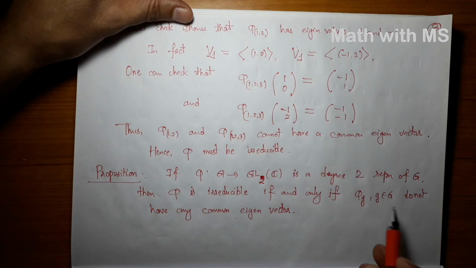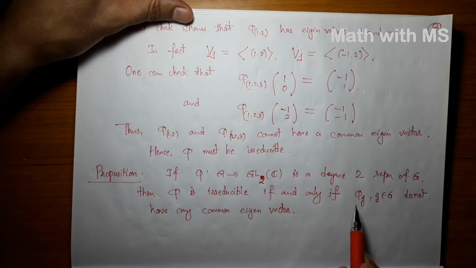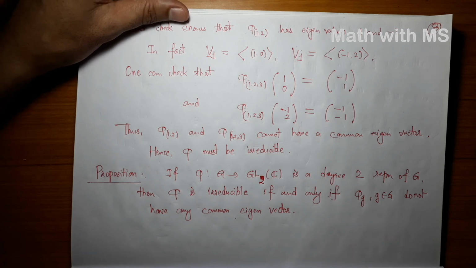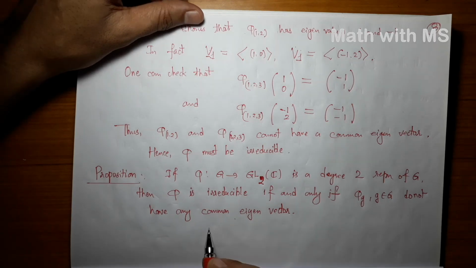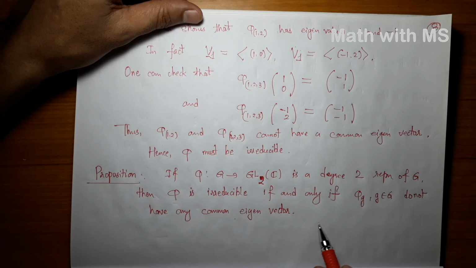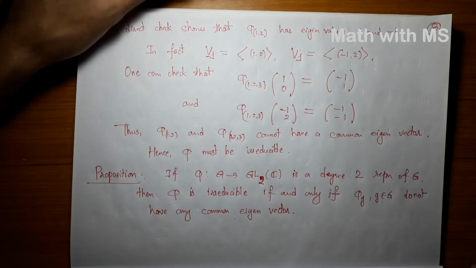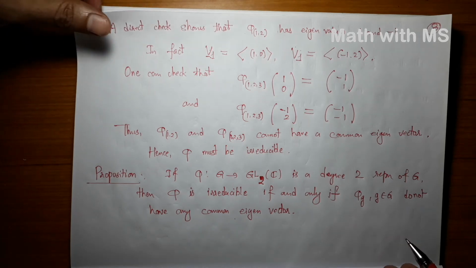That means that vector is a common eigenvector for all the group elements, right? And conversely, if you have a common eigenvector for all the group elements, that means that's an invariant subspace. So therefore in degree 2 there is this nice characterization of irreducible representations. This argument using eigenvectors works in degree 2 and also to some extent in degree 3, but not beyond. Okay, so we shall discuss that later on.